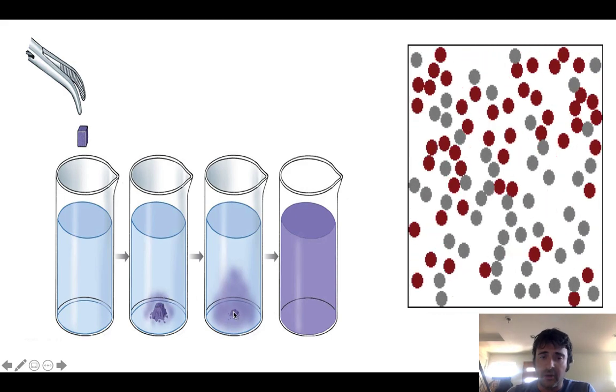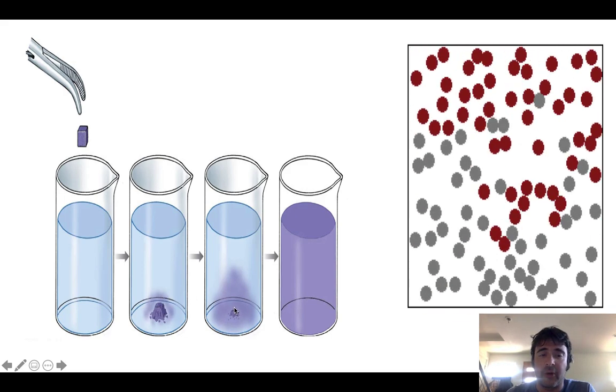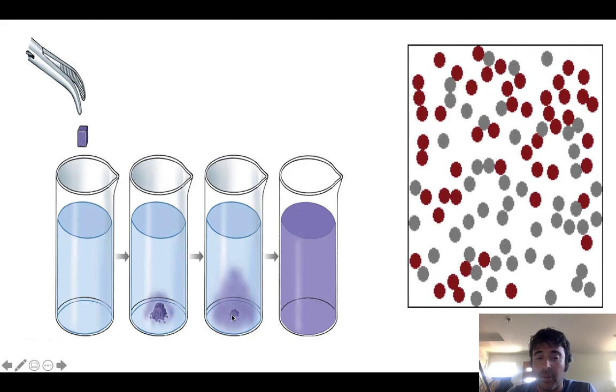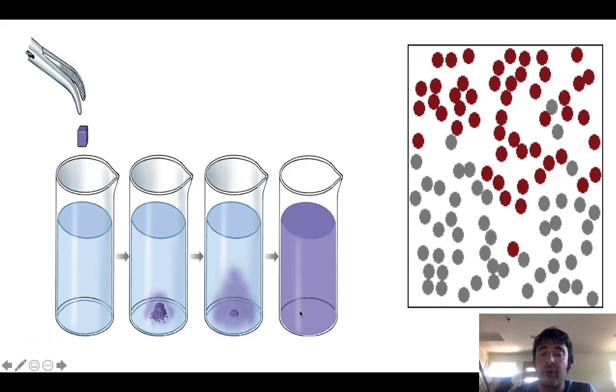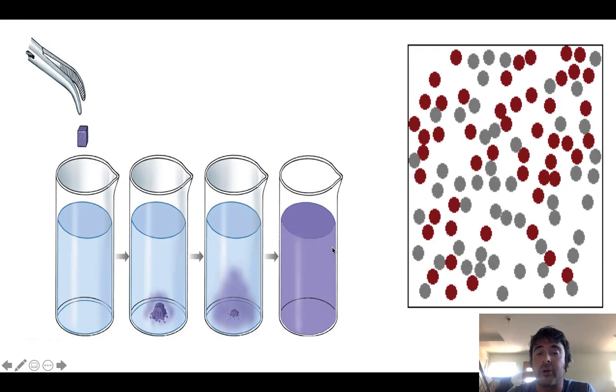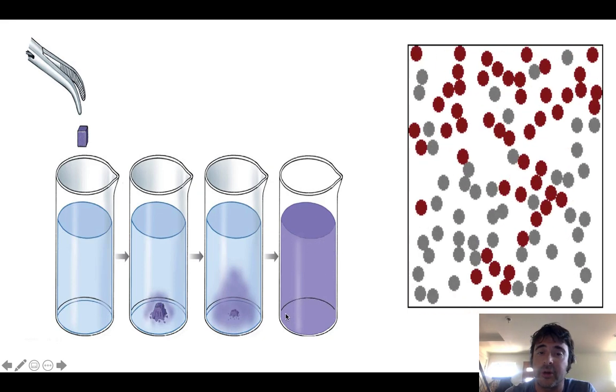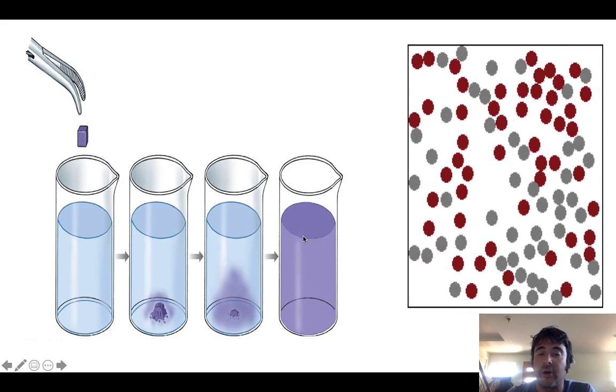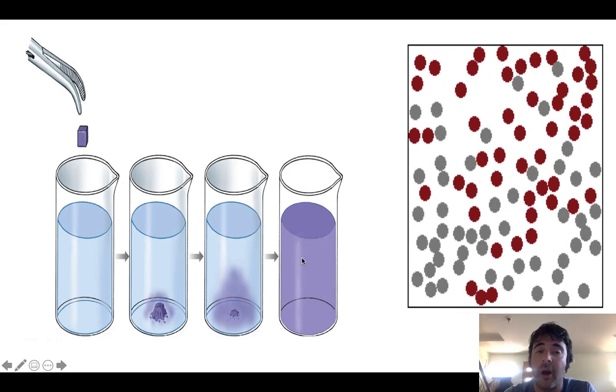And they're going to continue to move if no force intervenes with that movement until some sort of equilibrium is reached, until those particles are equally distributed throughout the solution. Then there will be no concentration gradient and they'll just all be kind of floating around.